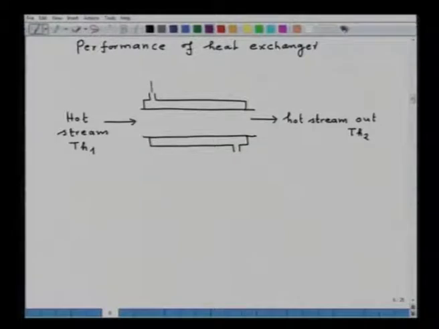Here is the cold stream in, let us say at temperature TC1, and here cold stream out at temperature TC2. This is what is given.